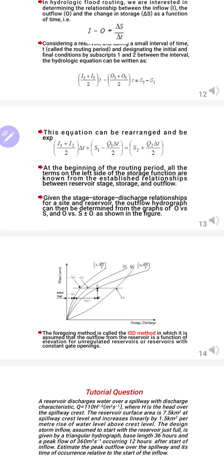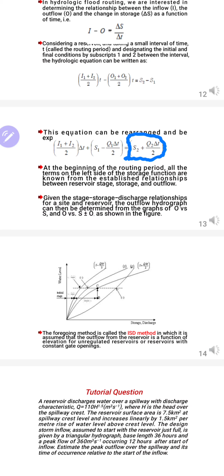This is called indicative storage. Normally there are a lot of methods that you can use when solving, but the easiest one is maybe to use a graph or linear interpolation, which we'll explain later.